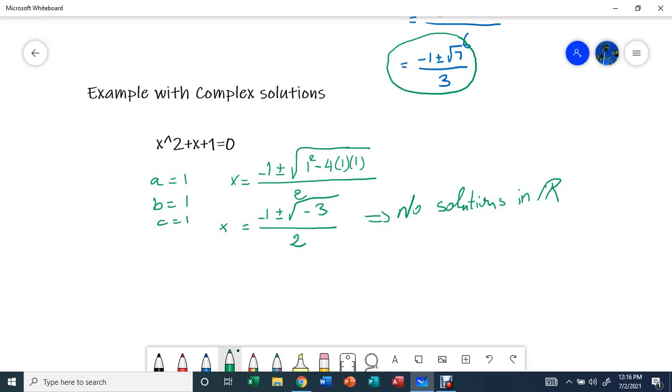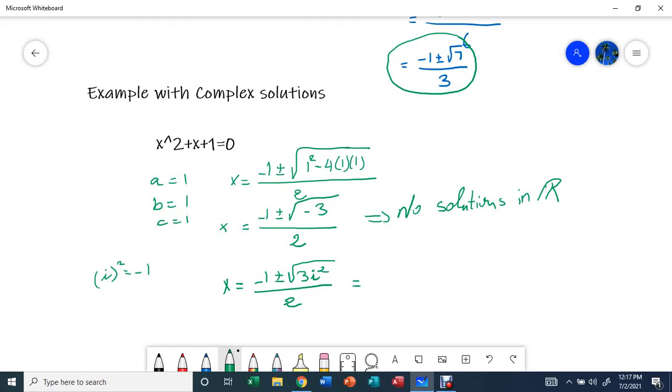So one of the properties of the complex numbers is i squared is negative 1. So I'm going to substitute i squared for negative 1 under the root. So we have x equals negative 1 plus or minus the square root of 3i squared, divided by 2.